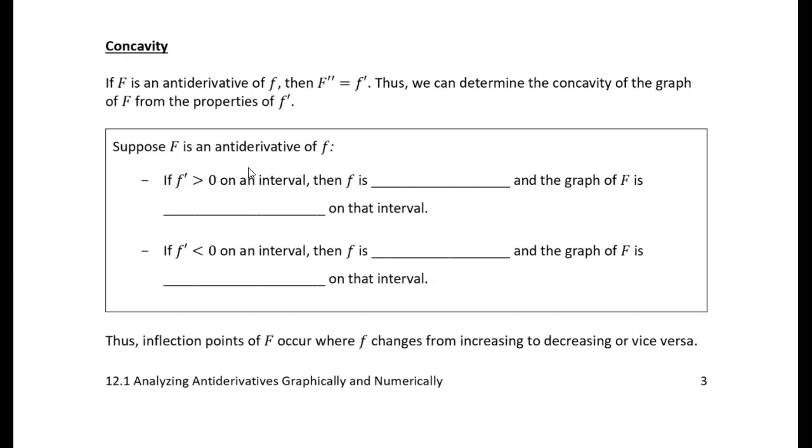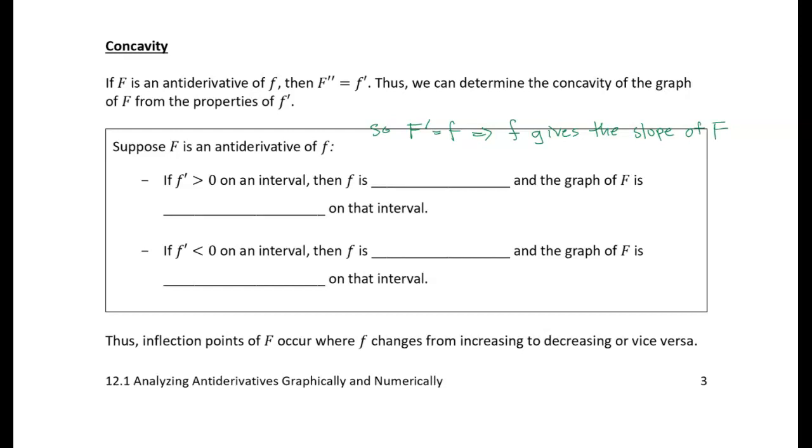Okay, so if capital F is the antiderivative of f, meaning that F prime is equal to f, so f gives the slope of capital F, right?